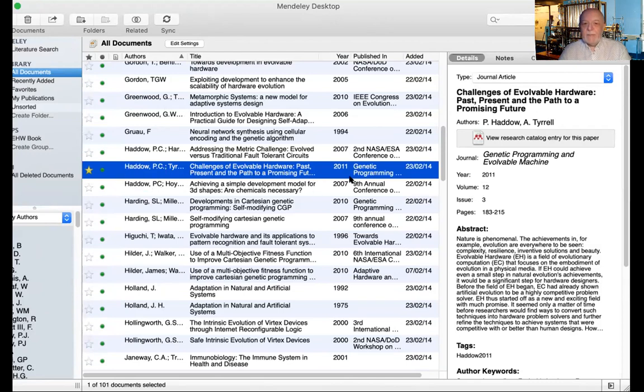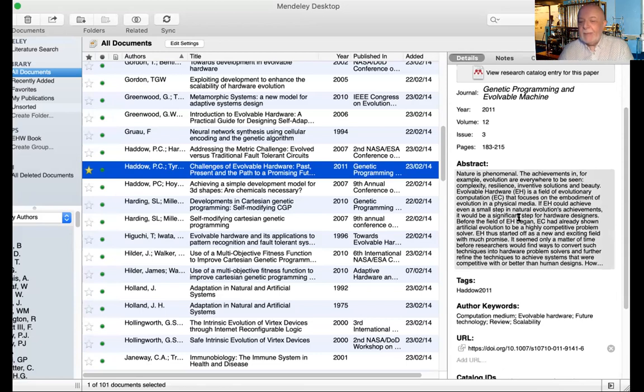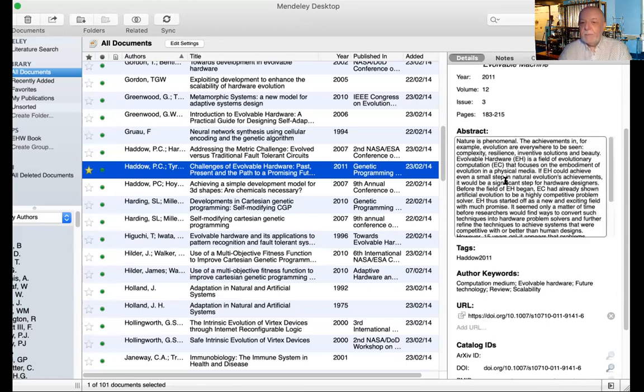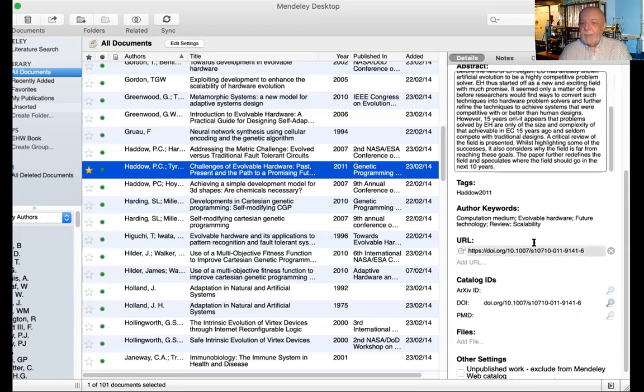This gives the full details that you might need. Over here on the right hand side, it gives you a lot more detail: the full title, the authors, and where it was published, so which journal, when, volume, issue, and the page. You need to add this, but you can add the abstract, so this gives you the full abstract of the paper.